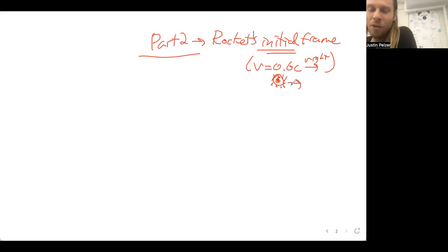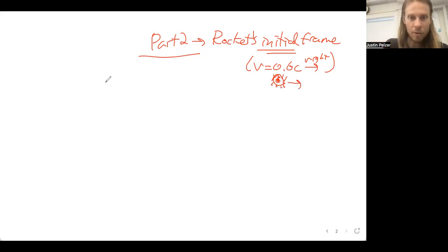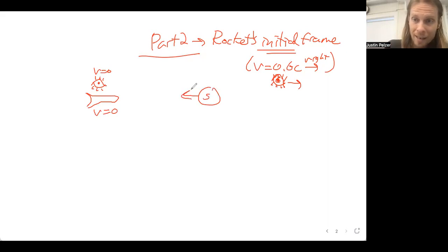Follow the rocket. And the eyeball is going to keep going, which means according to our magic eyeball in space, velocity is 0, which means the velocity on the way there for the rocket is 0. And it sees the star coming at it at negative 0.6 c. And it sees Earth go away from it at v equals negative 0.6 c.